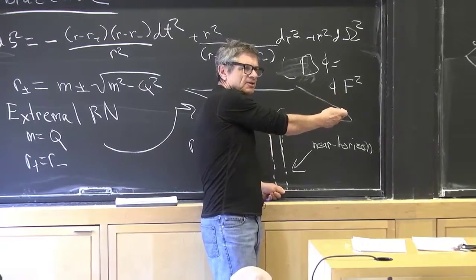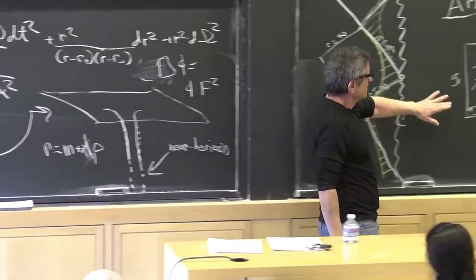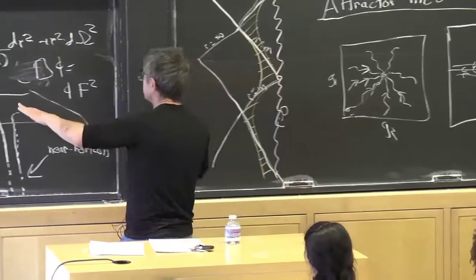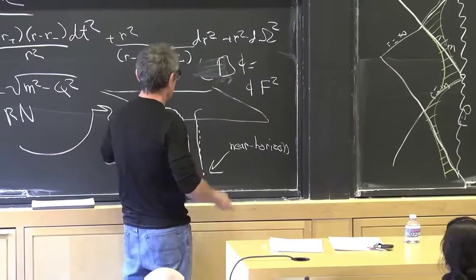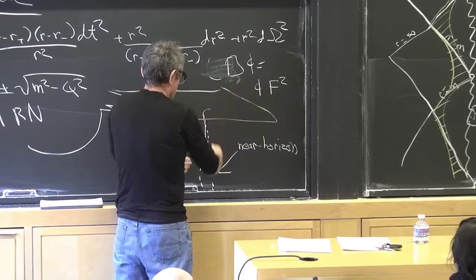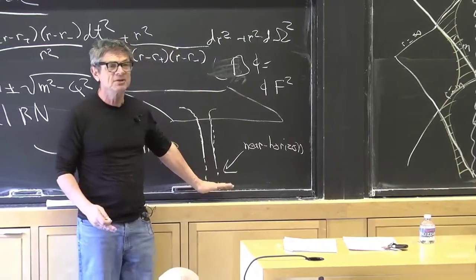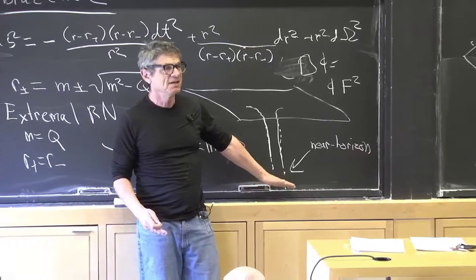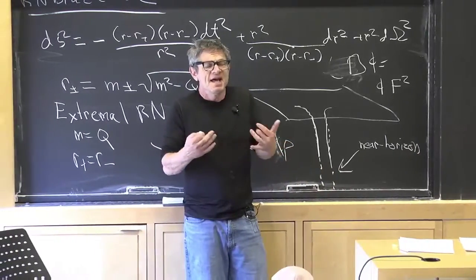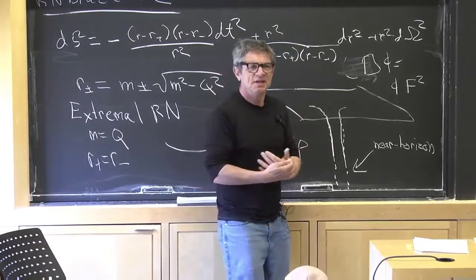So it really has the structure of a renormalization group flow. If you change things out here, the black hole has a life of its own. You don't change it. The horizon is insensitive to that.